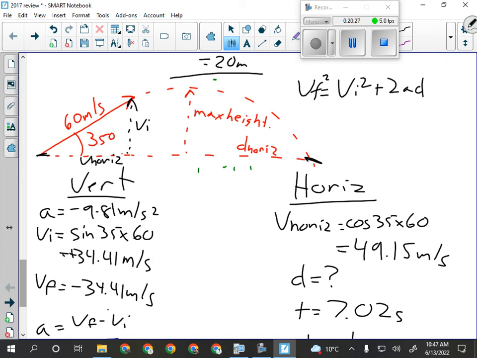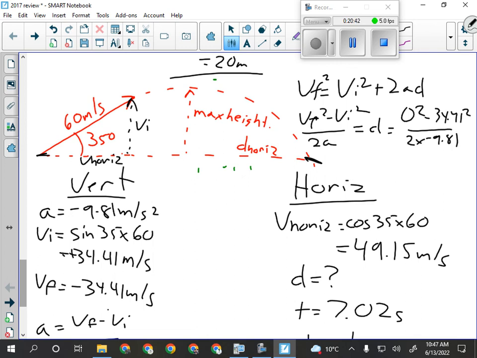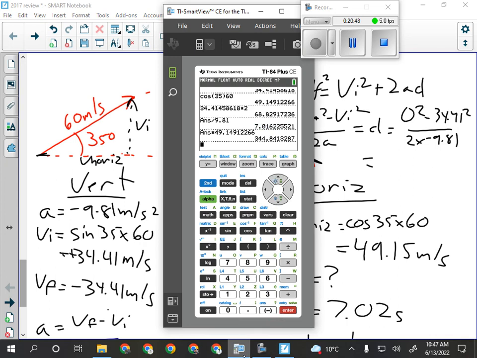Okay, so VF is 0, I subtract, so I'm going to have VF squared minus VI squared divided by 2a equals d. So 0 squared minus 34.41 squared divided by 2 times negative 9.81 gives me d. Okay, so I'm just going to take that 34 and square it, and then divide by 19.62.